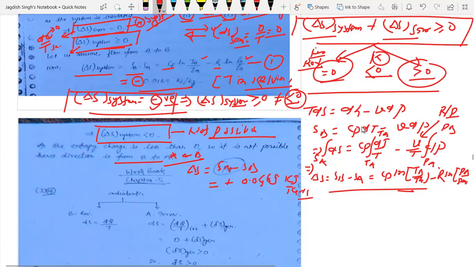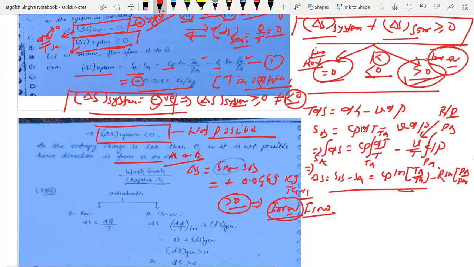So in this condition, del S is greater than 0. So we can say that this flow is possible and the process is irreversible. This is irreversible flow. Why? Because this value is greater than 0, and this is greater than 0 only for an irreversible process.